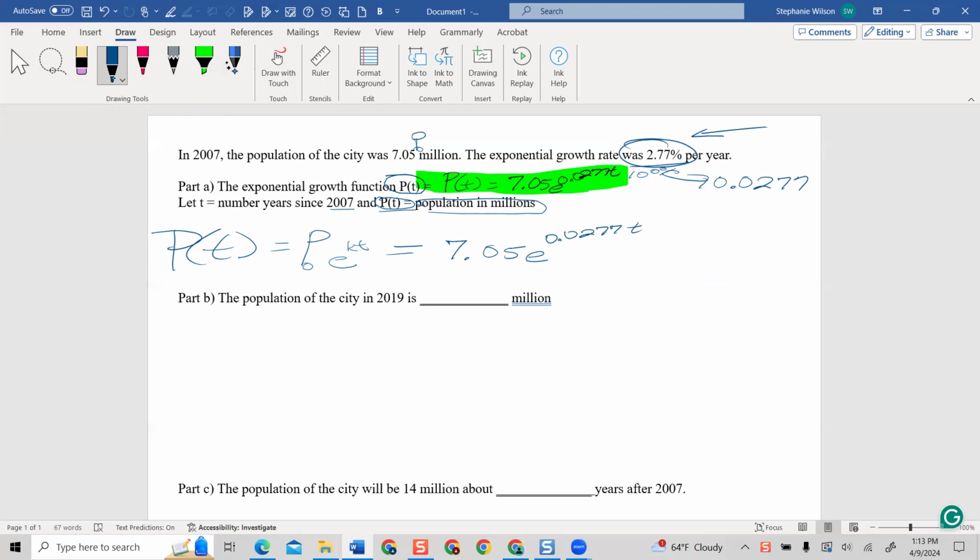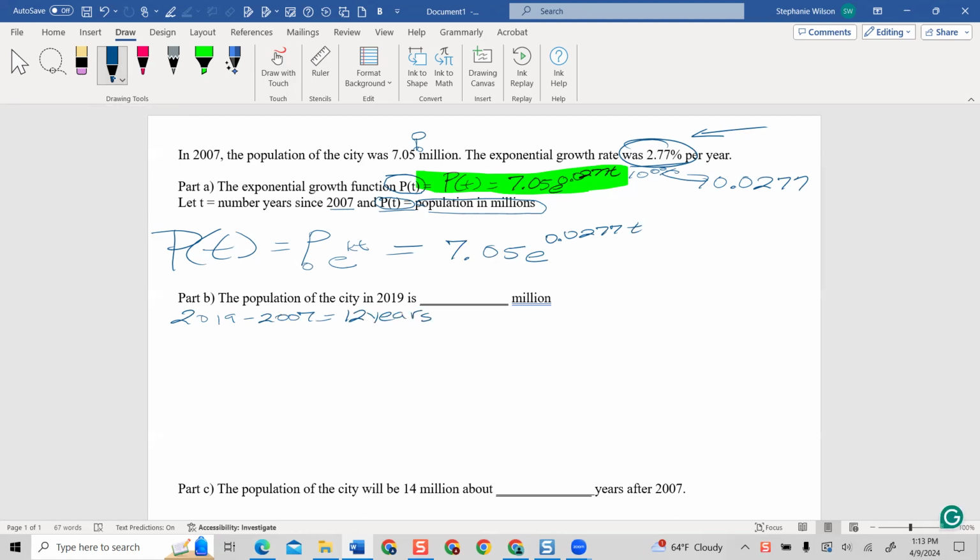Part B says the population of the city in 2019. So we're going to estimate what was the growth since 2007. So what we need to do is take that 2019, subtract 2007, so we know how many years. And that's a total of 12 years that has passed.